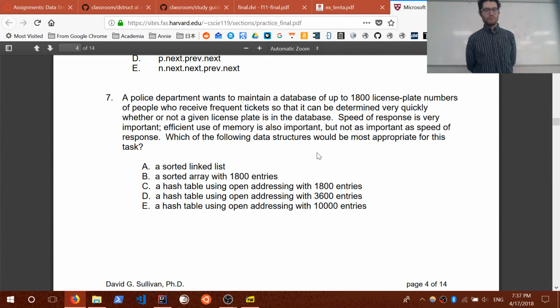A hash table with open addressing using 1,800 entries would be pretty much 100% full. We'd be getting collisions all over the place when looking for something. It's that parking spot problem.